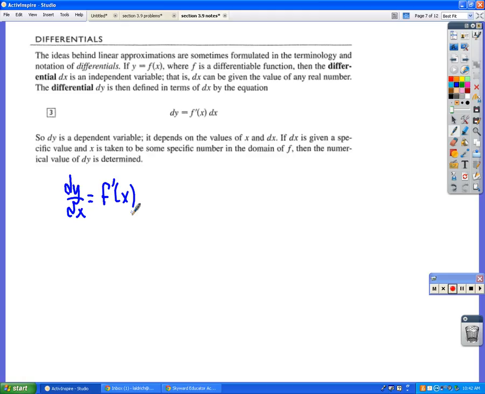When we talk about differentials, we're just taking this and solving it for dy, which is very simple. How do you do that? You multiply by dx, so that the differential is just looking at the change in the y. Dy becomes the dependent variable, and it depends on the value of x and dx.